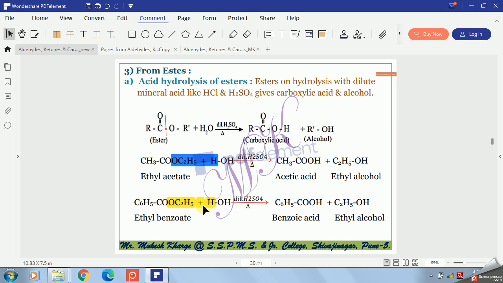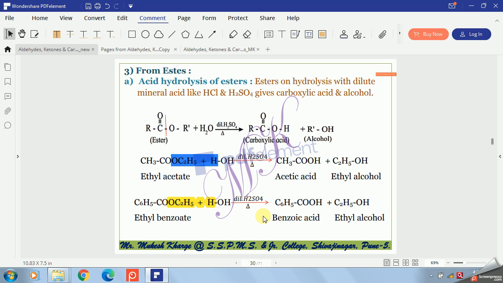So we get C2H5OH, ethyl alcohol, ethanol, and C6H5COOH, benzoic acid. So we replace this OC2H5 group by OH, not C2H5 by hydrogen. We get benzoic acid as your product.